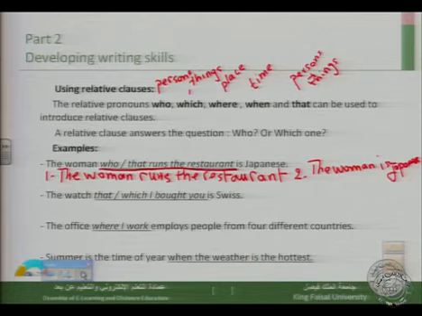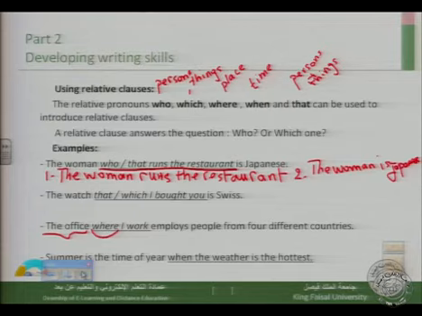Next sentence, the office where I work employs people from 4 different countries. Here we have the relative pronoun where, which is used with place. The office is a place, and the relative clause here is where I work.